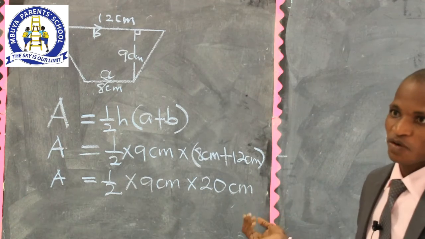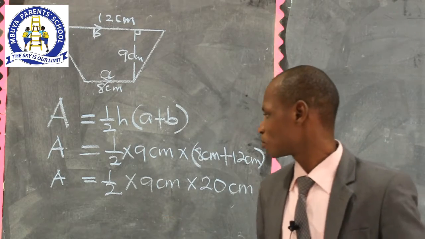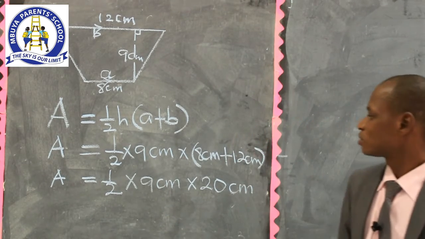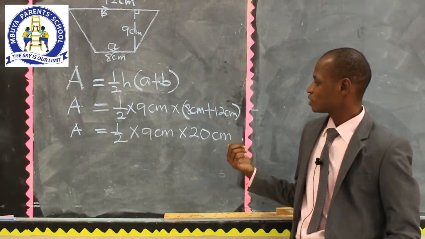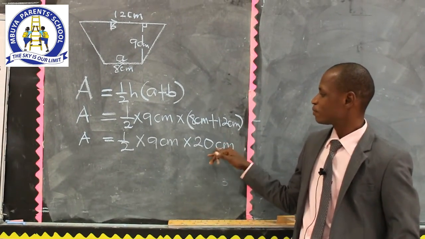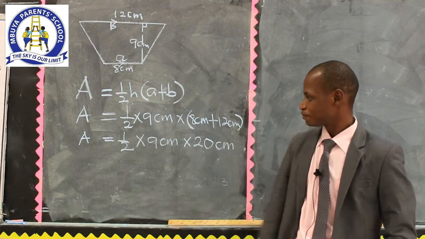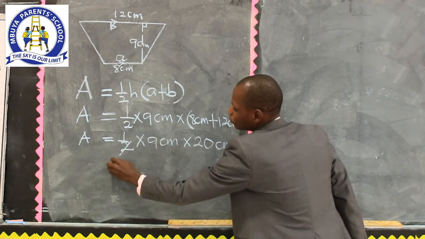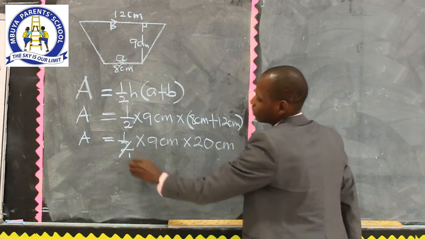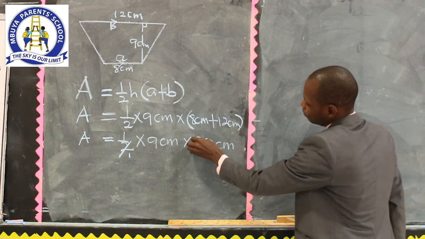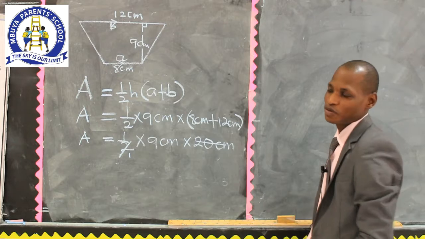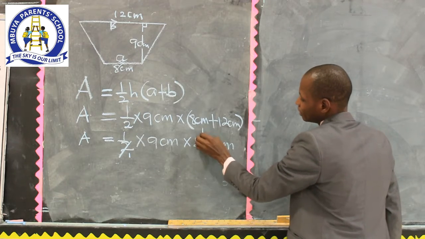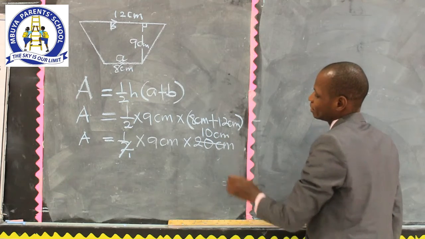At that level, now we are good to cancel 2 by 20 centimeters because it is now the multiple of the 2. We shall cancel by 2, this being 1, and when we cancel the 20 centimeters by 2, we shall get the result as 10 centimeters.